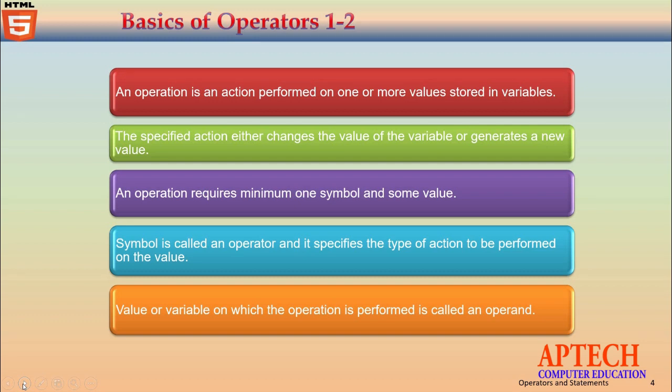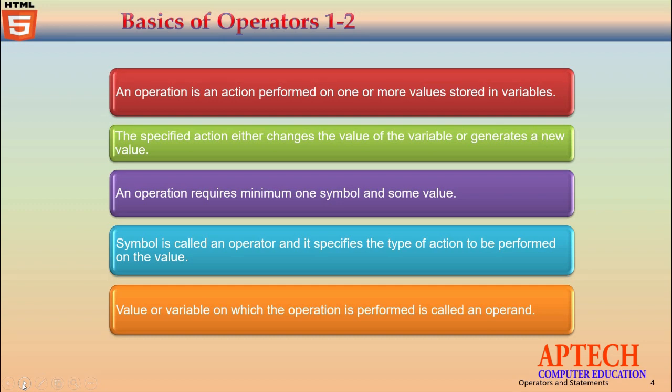The values or variables on which the operation is performed are called operands. Like I already told you, x plus y: plus is the operator, and x and y are the operands.